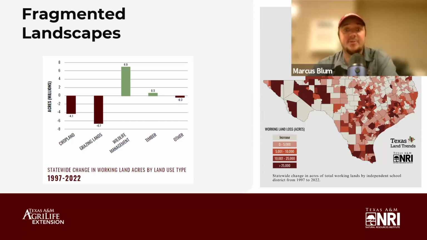Programs like the wildlife tax valuation, 1-d-1, have shown to be very effective in incentivizing Texans to manage their lands for various wildlife species, including the small acreage landowners. And actually, that's where we've seen the largest increases. As we've seen this fragmentation, we're seeing increases in landowners taking advantage of this tax valuation program to manage for wildlife species on their smaller properties.